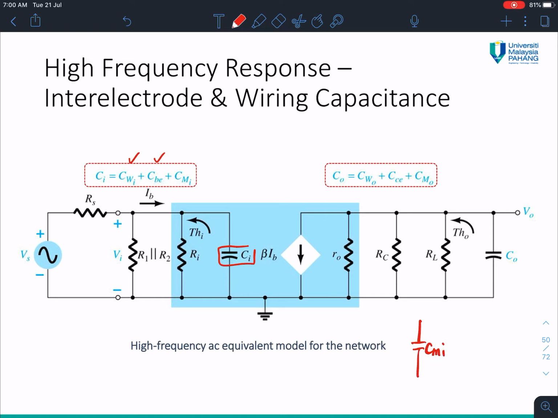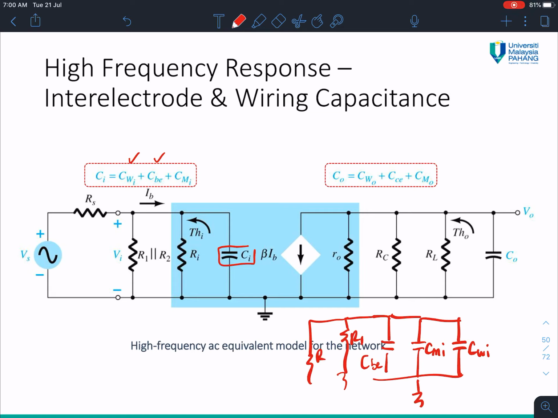CM in, and you have CW in in parallel, and CBE in parallel. This is all capacitors, and it connects with R1 and R2, like this.